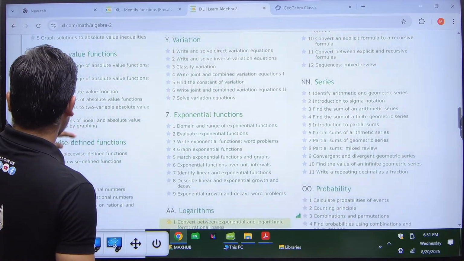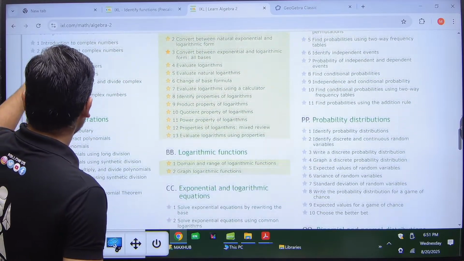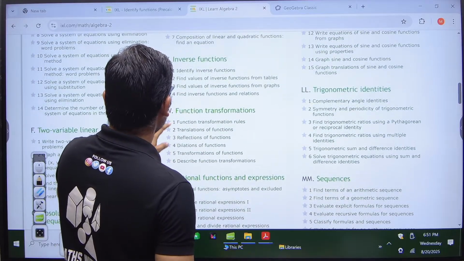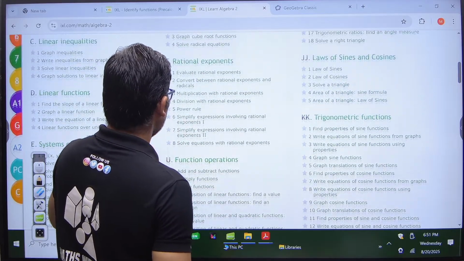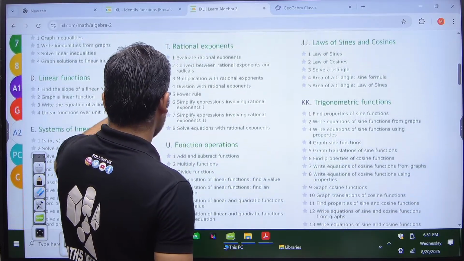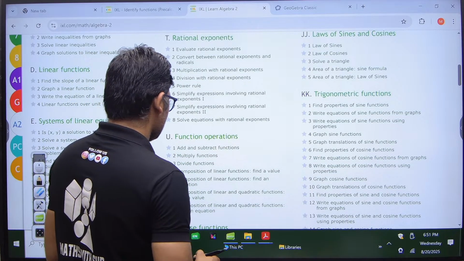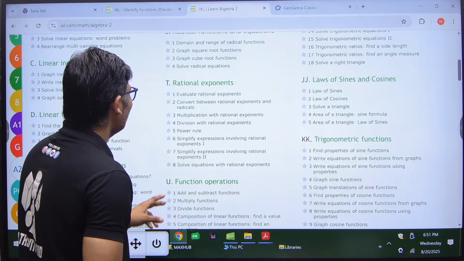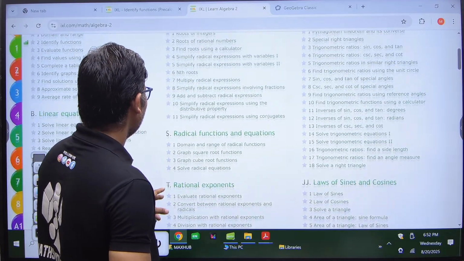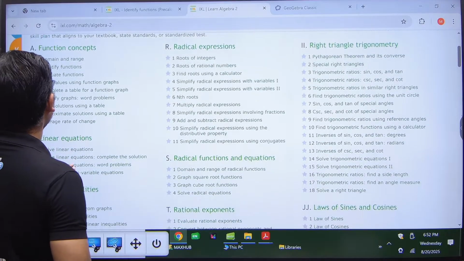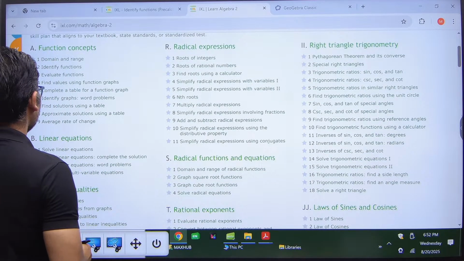Inequalities, absolute graph inequalities, complex number, polynomial operations, exponential functions operation. I finally did it. I did 135 questions, but I did it. Congratulations. Okay, good one.